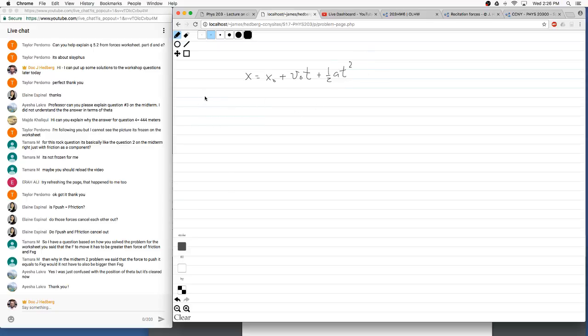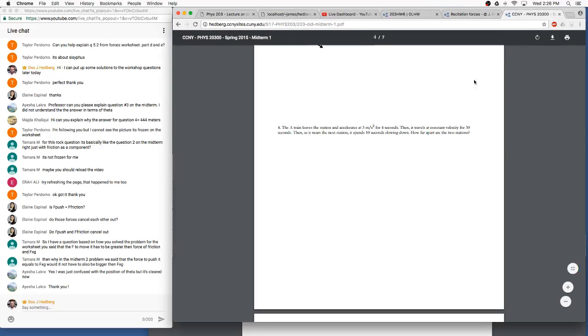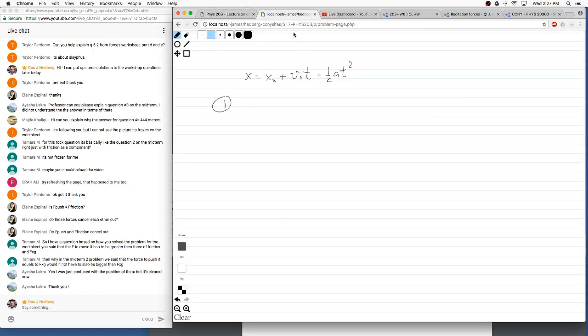So for the first regime, I'm accelerating at 3 meters per second squared for 4 seconds. I assume I have an initial velocity of 0, so all that's going to do is involve this part. I can see right away the x after the first regime will be 1/2 times 3 times 4 squared.